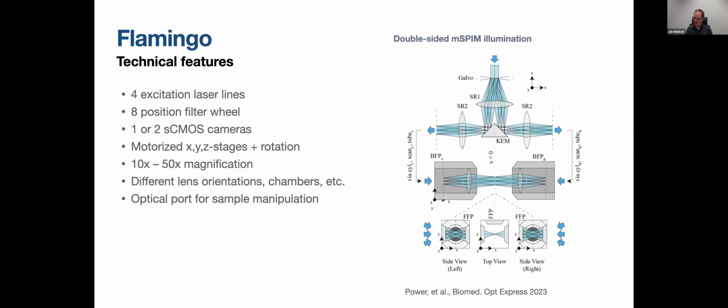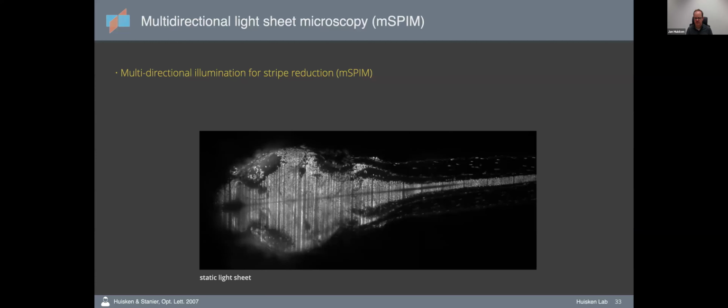So briefly, there's the usual laser lines, filters. We can have 1 or 2 camera stages, etc. We also do the multi-directional illumination. So there's a way for us to eliminate striping, which is something we've always done, and it's also a feature in the SPIM in the Flamingo.